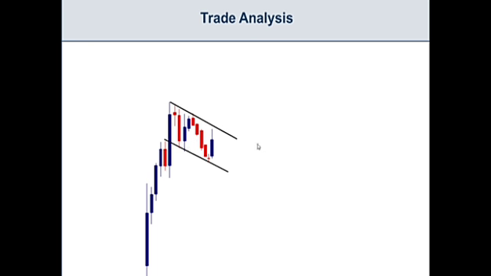The first thing we're going to do is draw lines to better see the actual breakout area that we are looking for. Then we're going to measure this low to this high to find our target areas. In this case, we have a 75 pip move before we start to consolidate inside a flag.